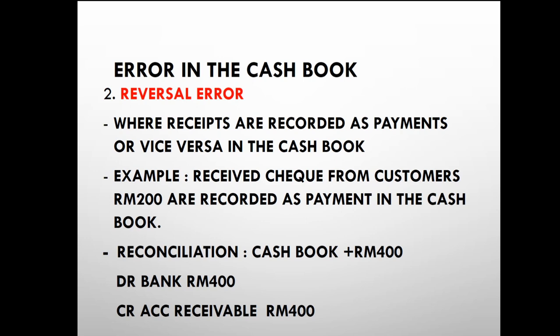So we have to make a bank reconciliation by adding RM400 in the cash book part. We double the amount because for the RM200 we have to cancel the wrong entry and then add another 200. So the total amount is RM400. This is the adjusted journal entry.